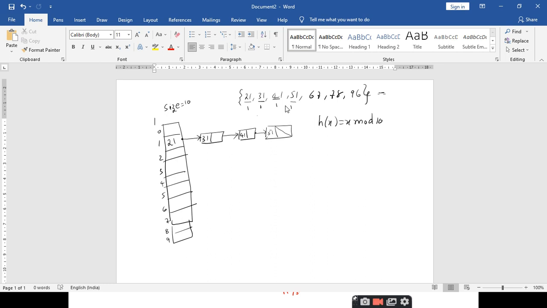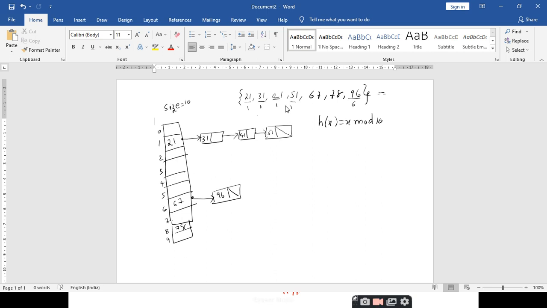So this is how you are going to implement the separate chaining. Similarly 67 will occupy this one, 78 will occupy this location, and 96, since it evaluates to 6, it is already occupied by 67. You create a node with 96 as the data, and you link this 67 with 96.